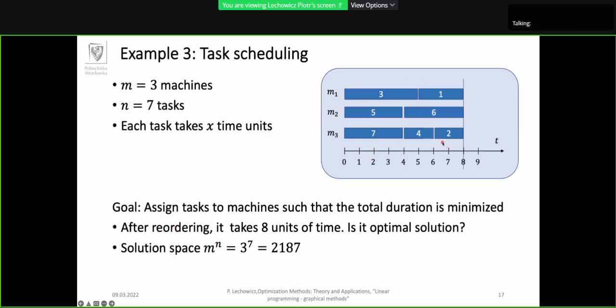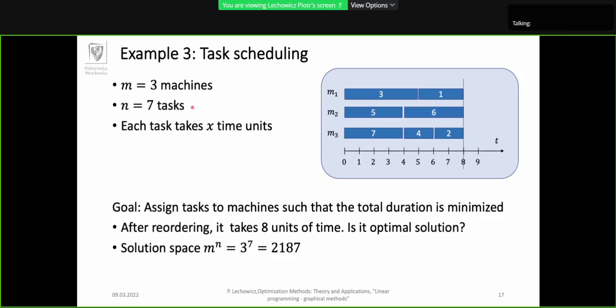And again, we can ask ourselves whether it's optimal solution or not. And it's easy to deduce that it is actually optimal because we have 3 machines, we have 7 tasks. The summary time required to complete all those tasks is equal to 24. So if we spread evenly those tasks on 3 machines, it requires 8 units on each machine.